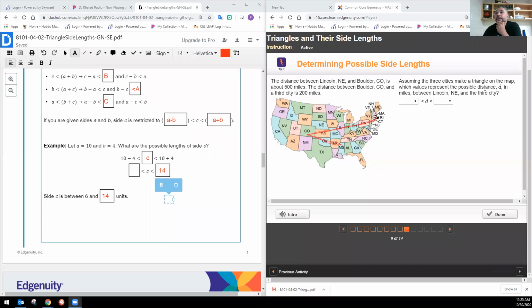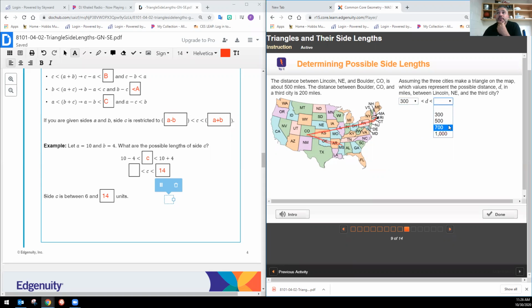Assuming the three cities make a triangle on the map, which values represent the possible distance D in miles between Lincoln and the third city? Well, we know that A minus B, which is 5 and 2, so the difference is there.